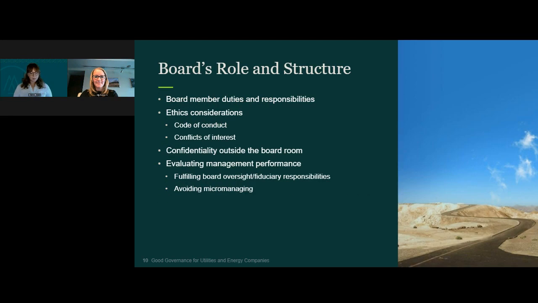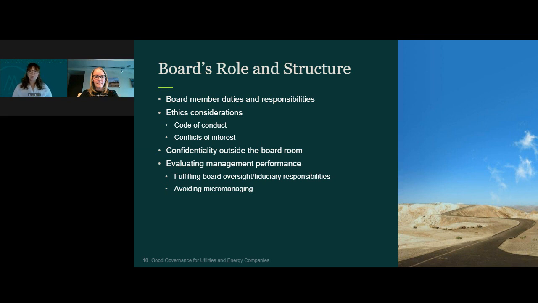So when a board is seated, there are a number of core functions in terms of each board member's responsibilities. We think about understanding and defining board member duties and responsibilities. What is the scope of our role? What do we do every day, and how does our board function? Understanding the ethics that we must operate under, so thinking about state and federal laws associated with ethics for any board, as well as our personal code of conduct, how we behave.